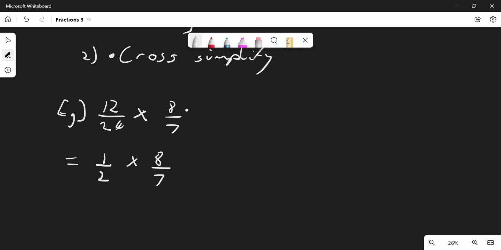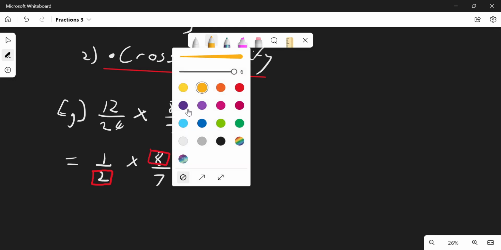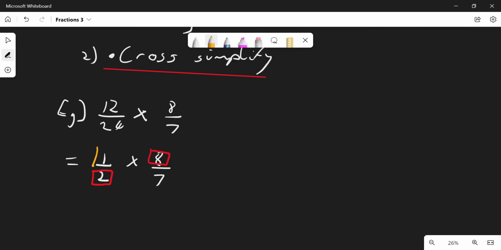But remember, we also have the cross simplification now. Cross simplifying only applies to the denominator in one fraction and the numerator in another, which is why we call it cross simplification. We're simplifying across and top to bottom.